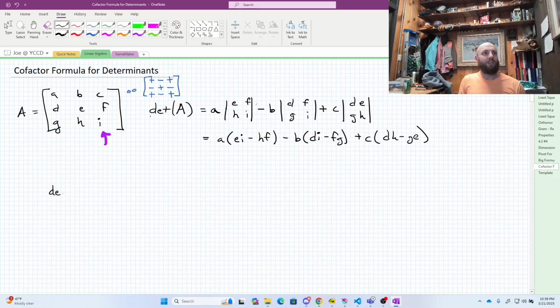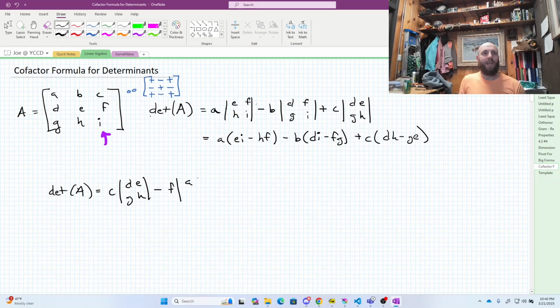So the determinant of A is also C. C got a positive on it because it's this entry here. And then I need to delete the row and column that C is in. So that's going to be C times the determinant of D, E, G, H. And then I'm going to subtract F times the determinant, and I need to delete the row and column that F is in.